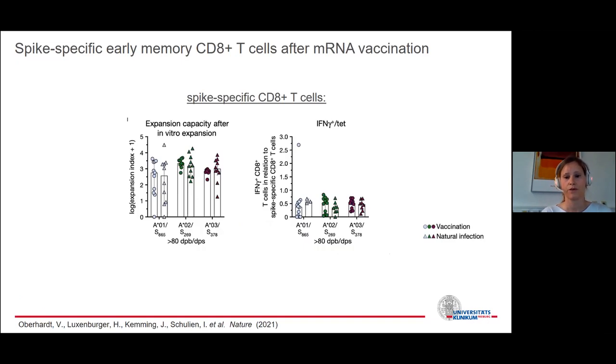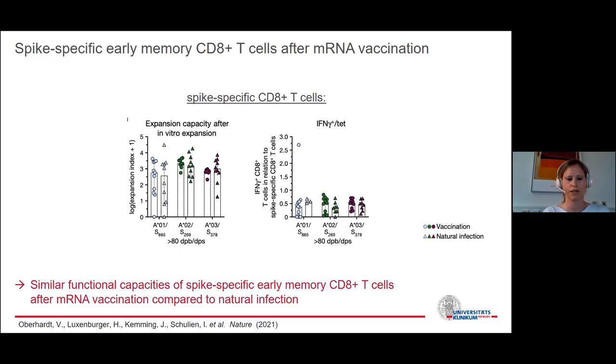And so we, of course, also wanted to know whether there are differences in the functional capacity, and again performed this in vitro expansion. And here you see that we couldn't detect differences in the expansion and also in the cytokine production of the spike-specific CD8 T cells after mRNA vaccination compared to natural infection.